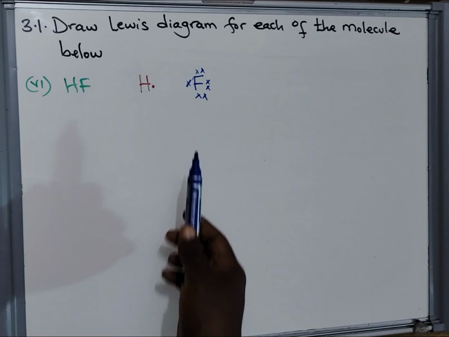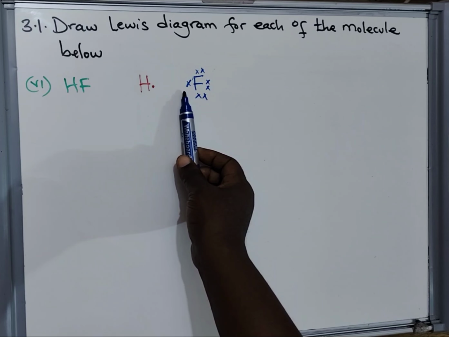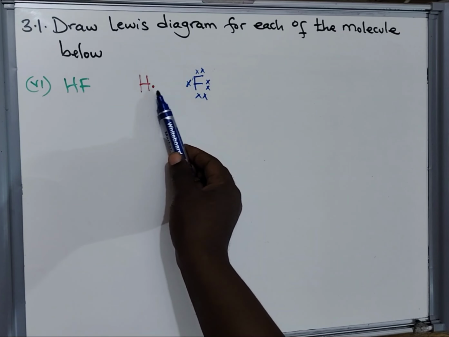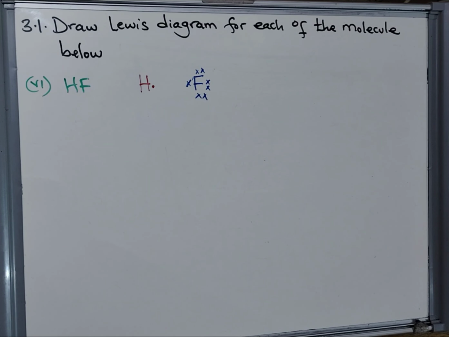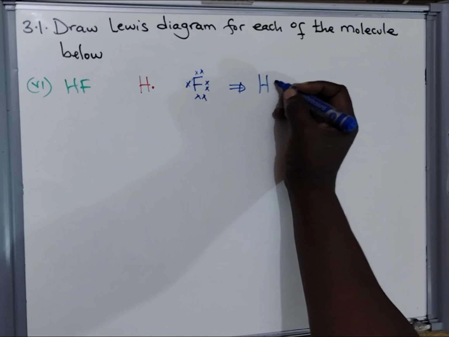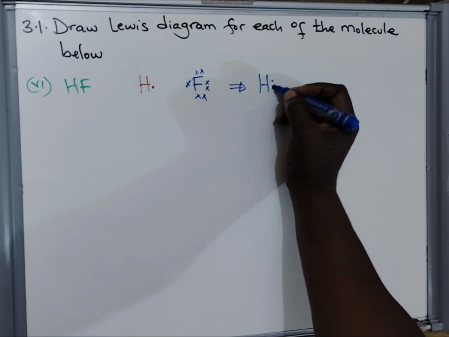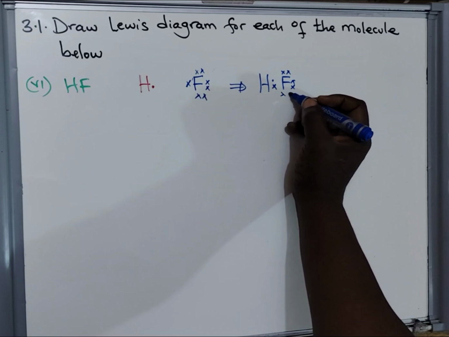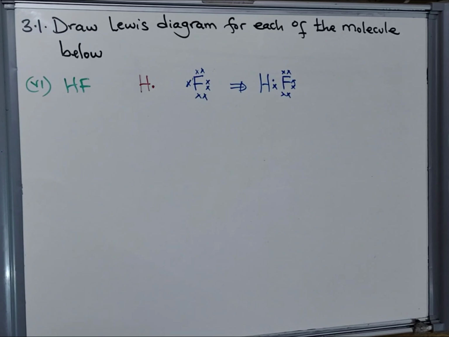What do you see? Fluorine has 1 unpaired electron, so it pairs up with this one to give you H dot X fluorine. Then you count 1. That is the molecule.